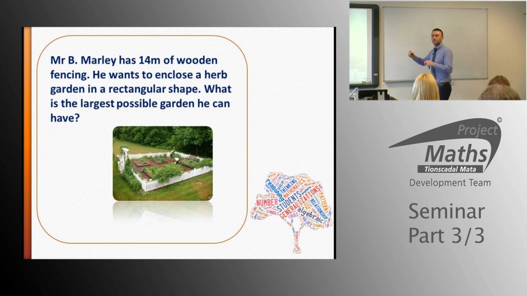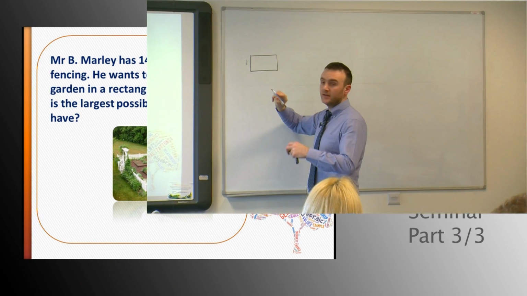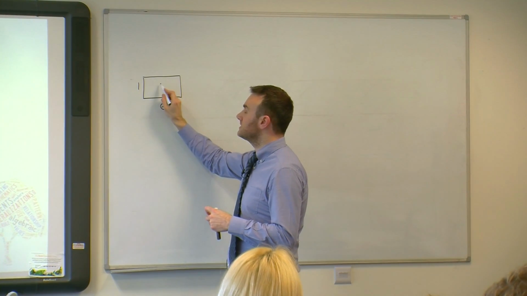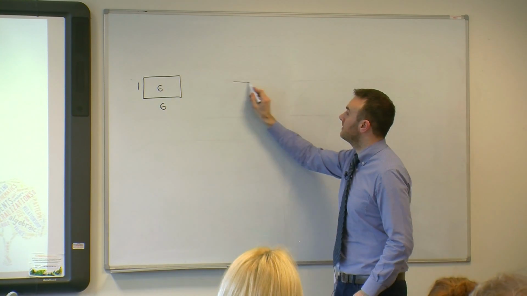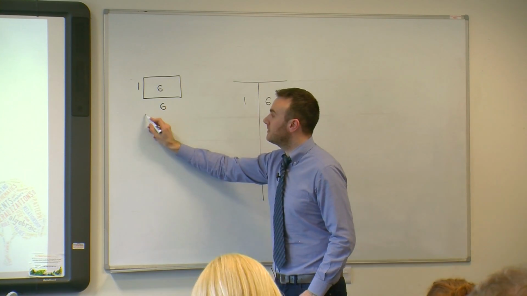Okay, give me an example. Right, so let's say they start with a side length of 1. What's this length? This is 6. Then what's the area? 6. So if I start to gather the values up, side length of 1 gives area of 6. Right, what about side length of 2?